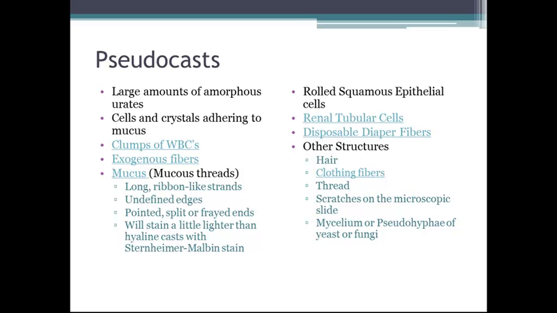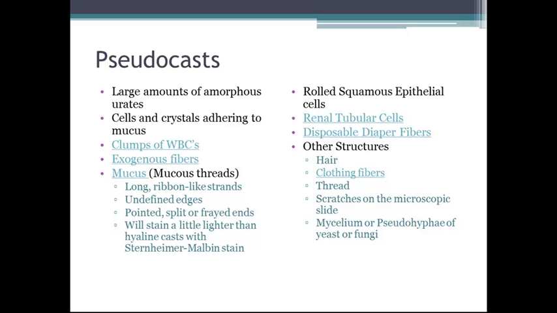Some types of pseudocasts: large amounts of amorphous urate crystals, cells and crystals adhering to mucus, clumps of white blood cells, especially in a patient with a severe urinary tract infection, exogenous fibers, and mucus or mucus threads, which are long ribbon-like strands. They have undefined edges, however, sometimes pointed, split, or frayed ends, and will stain a little higher than hyaline casts with the Sternheimer-Malbin stain.